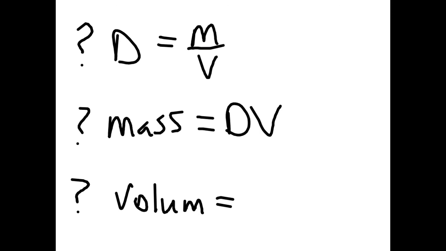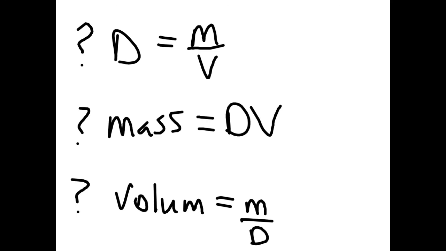Well, if mass equals density times volume, to get volume all by itself, volume equals mass divided by density. Okay? So it's simple algebraic rearrangement. Those are the 3 types of questions.